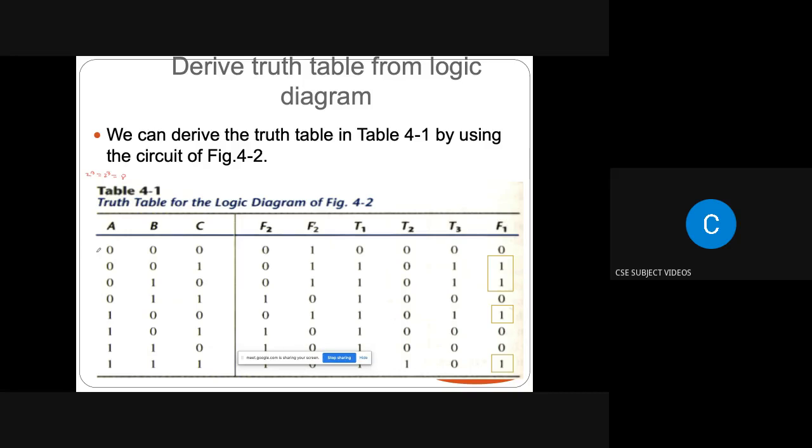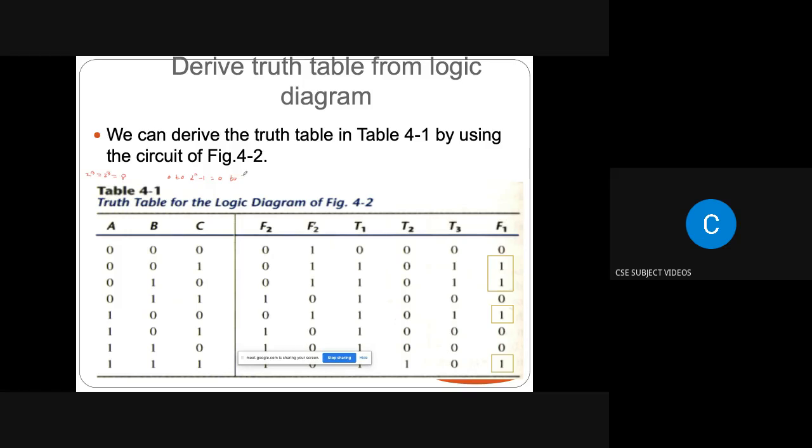And how are we going to find the values for these rows? For that also we have a formula, which is 0 to 2 power n minus 1. So it can be said to be 0 to 7.